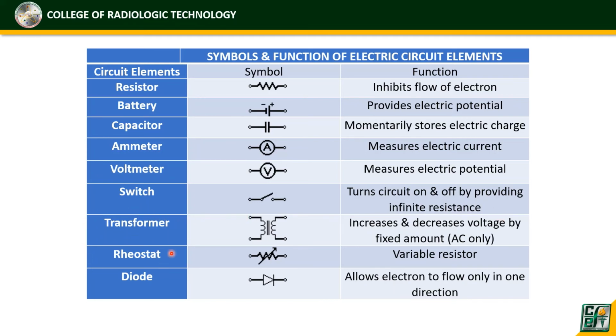And then the transformer, this is the symbol, increases or decreases voltage by a fixed amount in alternating current only. Then the rheostat, variable resistor, okay. Then diode allows electrons to flow in one direction only. So these are the basic or common symbols in the electric circuit element.